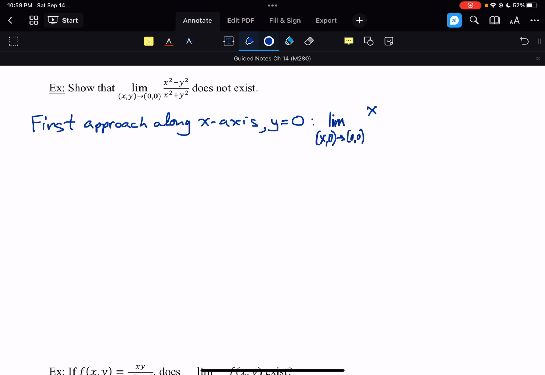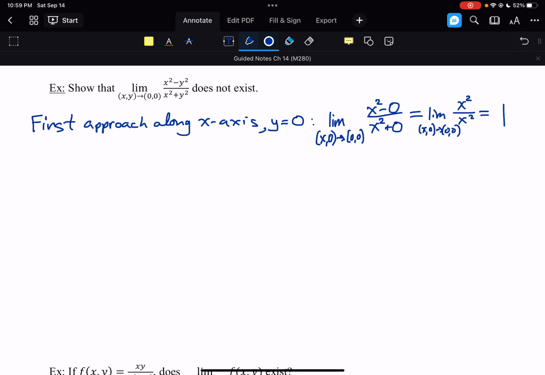So we get (x squared minus 0) over (x squared plus 0), the limit of x squared over x squared, which of course cancels, and we're left with 1. So we get a limit value of 1 if we move along the x-axis.